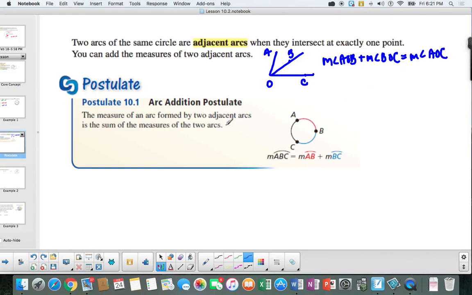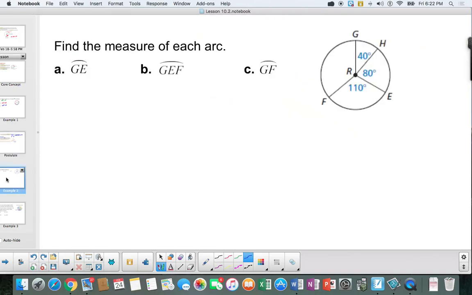The same kind of thing is going to happen with arcs. We're going to have an arc addition postulate. So the big arc is equal to the sum of the 2 smaller arcs, as long as they share a point in common.